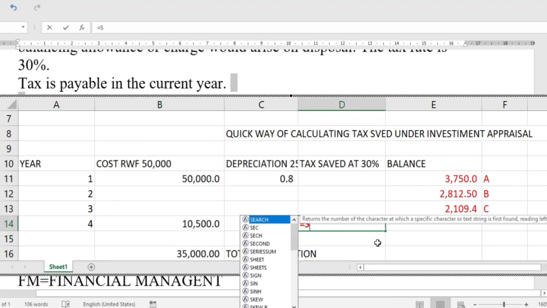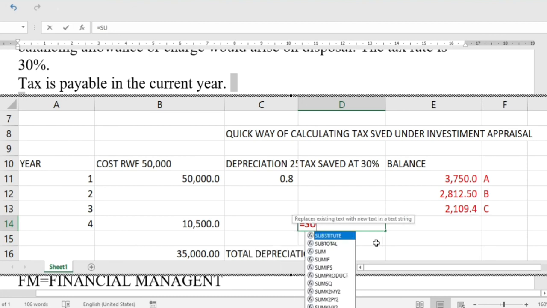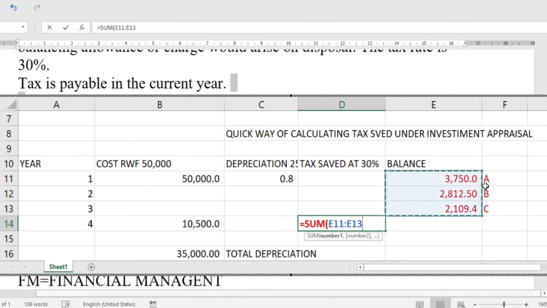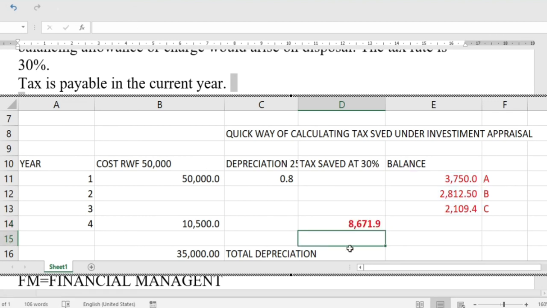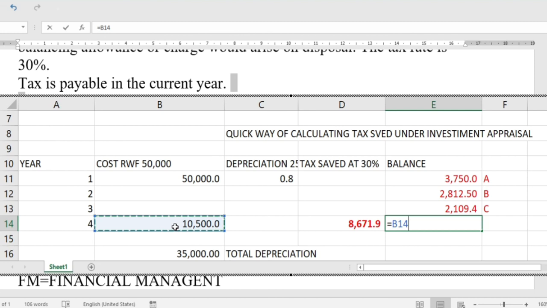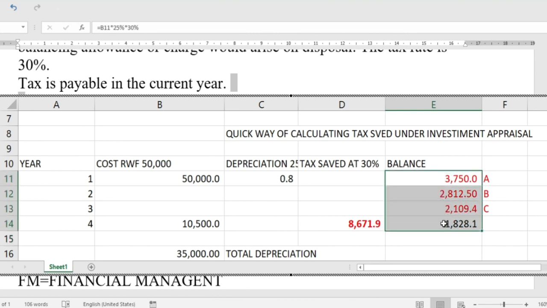The sum of these is 8,600. The tax saved on the last year is equal to this amount deducted by this, which is equal to 108.